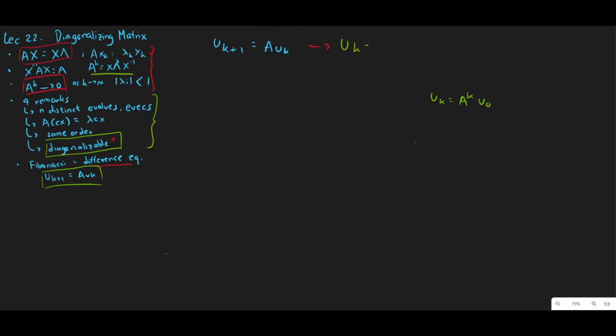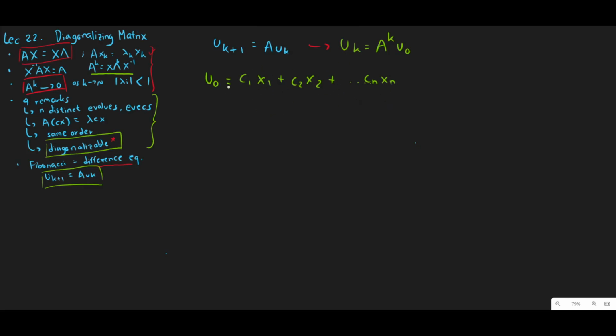We have another form, u_k is A to the k u0, that we derived from here. u0 we can define by a combination of our eigenvectors x1 to xn, if we have n eigenvectors, multiplied by some constants. So it's like those independent eigenvectors.